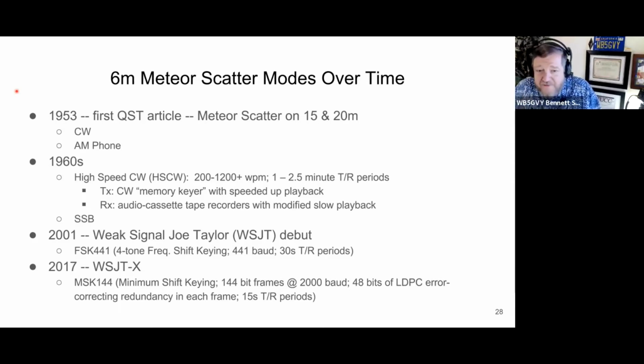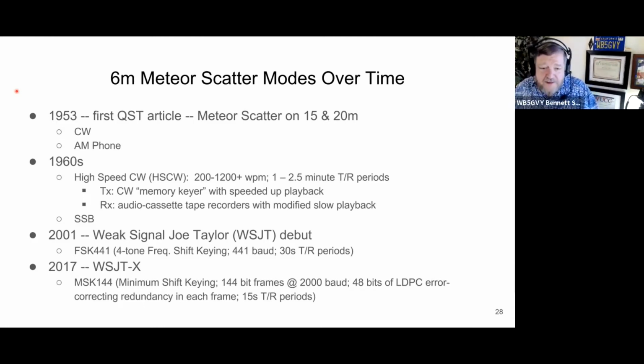The heyday of meteor scatter apparently was soon thereafter. In the 1960s, high-speed CW was quite popular. They had different transmit receive periods between 1 minute and 2.5 minutes. They were sending up to 1,200, I think even higher than 1,200 words per minute.